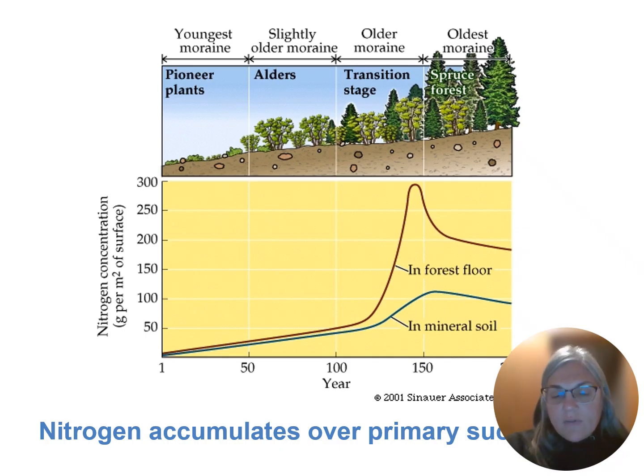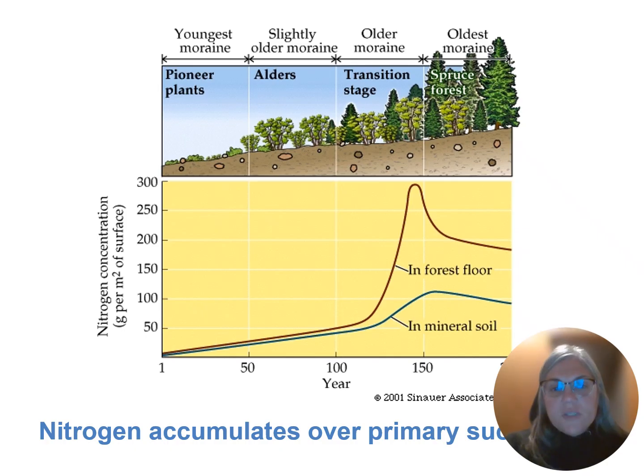When we have a very new ecosystem with new young soil, we have very little nitrogen in the system. Over time, the bacteria start to fix nitrogen. We have some pioneer plants that colonize. Often those pioneer plants have a symbiotic relationship with bacteria to fix nitrogen, because they can colonize low nitrogen soils thanks to that relationship with bacteria that can enhance the nitrogen in the soil.